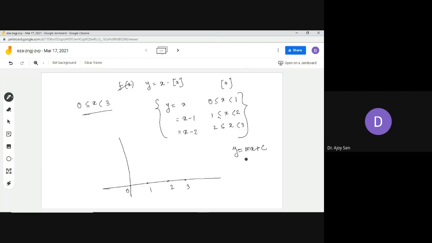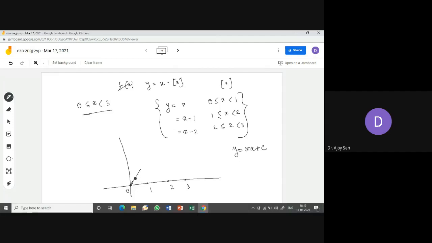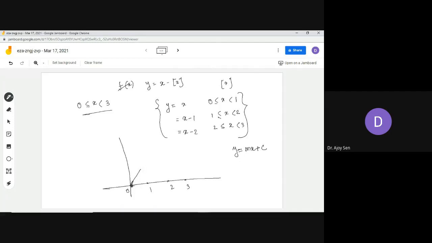So since y equals to x in the range 0 to 1, the equation is like this. If you draw, this is a straight line passing through origin, and actually this is a whole straight line. It's going there and also downwards. But since we are only considering this range 0 to 1, we are taking only the part of the graph which is lying between 0 to 1, this part only.